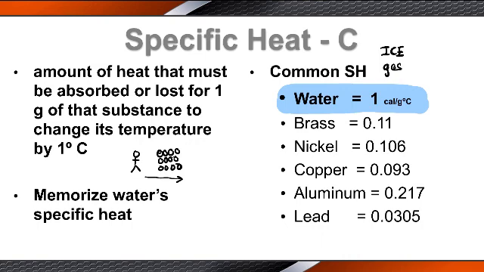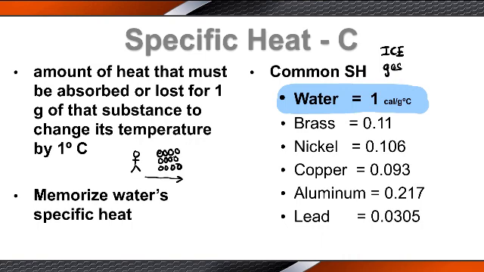So do you think the specific heats for ice and gas are going to be the same? No, they're going to be different, right? Because they're different densities in the solid state and in the gaseous state. So they will require different amounts of heat energy in order for ice to warm up or cool off, or gas to warm up or cool off.